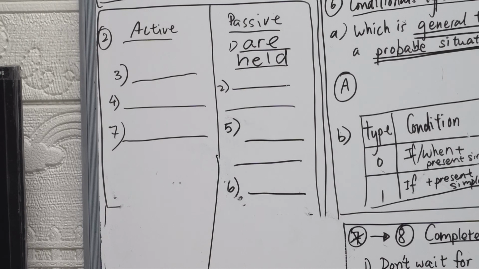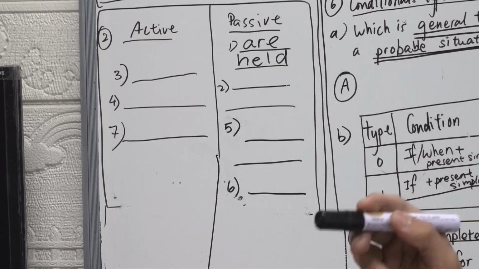Does anybody have another answer? What do you think? Now, to answer this question, we have to look back at the active, right? What kind of tense are we using in the active? It will tell us the answer on the passive.